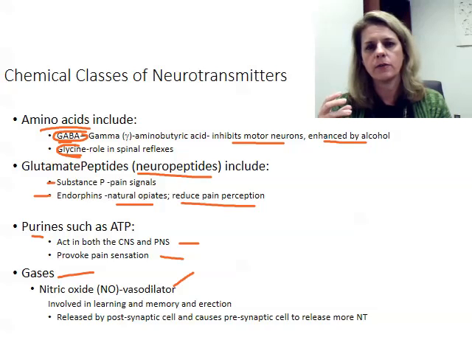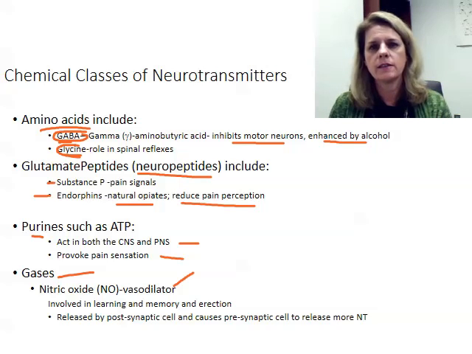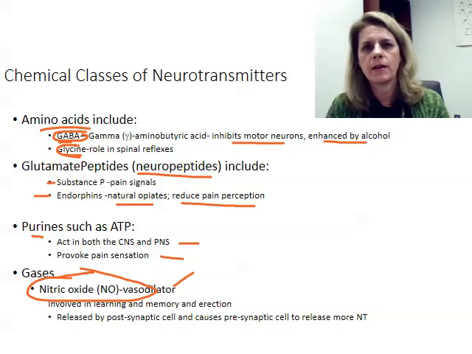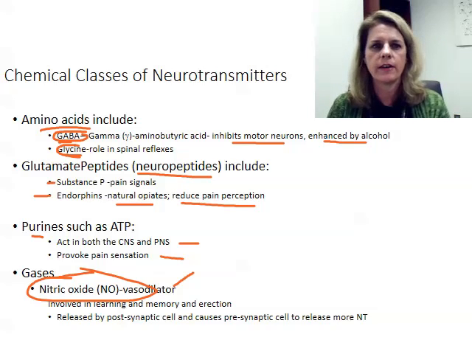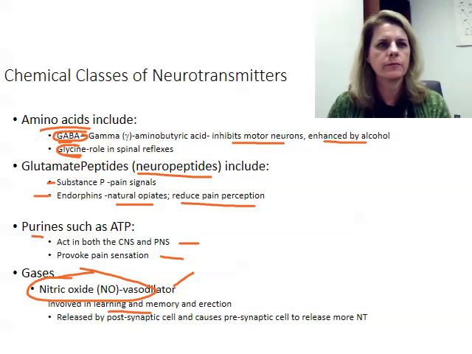And so, for example, in the erection of the penis, nitric oxide helps in the engorgement of the penis by vasodilating the vessels. And so things like Viagra work by increasing the amount of nitric oxide in the area and increasing vasodilation. So we use it also in memory and learning.